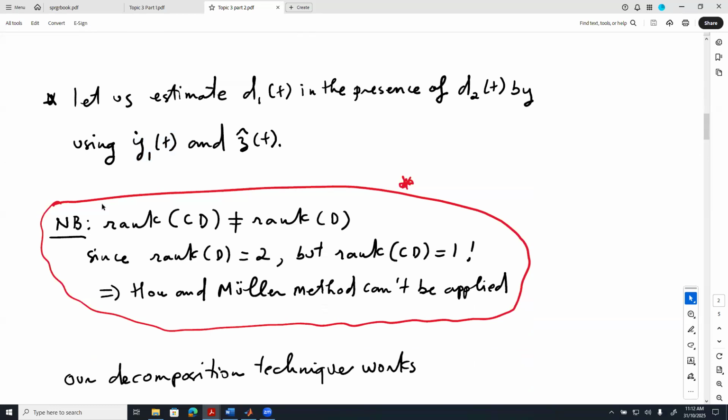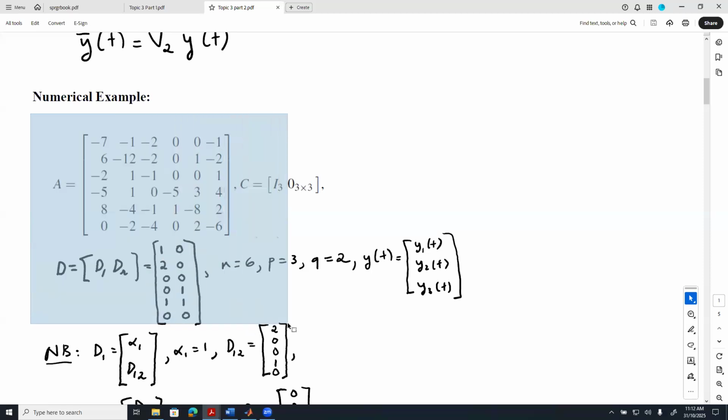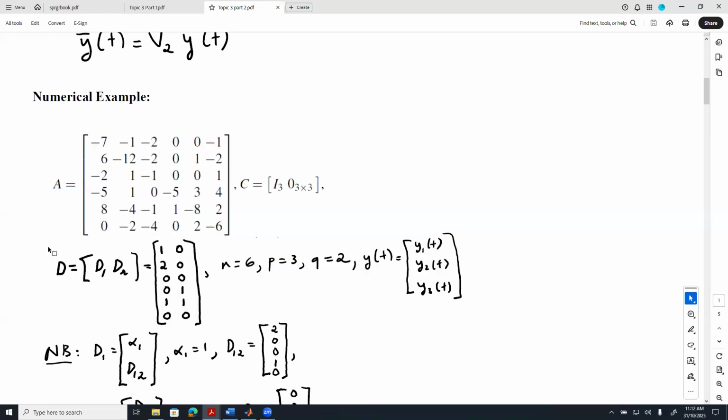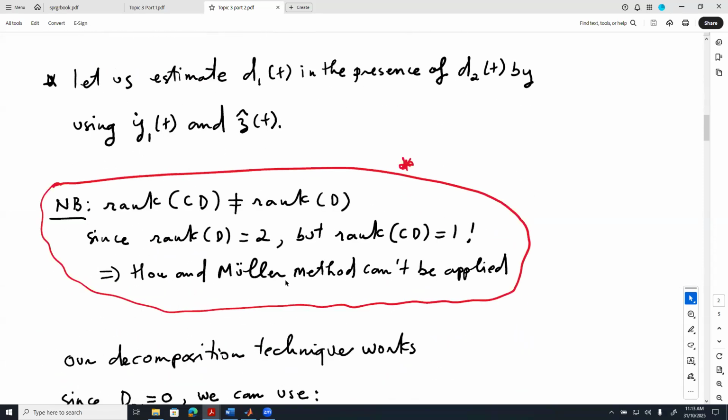When we check the observer matching condition, in other words, if someone gives us this matrix C and this matrix D, and we want to design a state observer or do the unknown input observer according to Hou and Müller, the observer matching condition has to be satisfied. Here we have C. When we multiply by D, it doesn't give us full rank, so this condition is not satisfied.